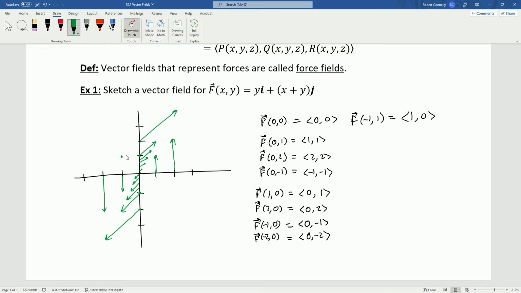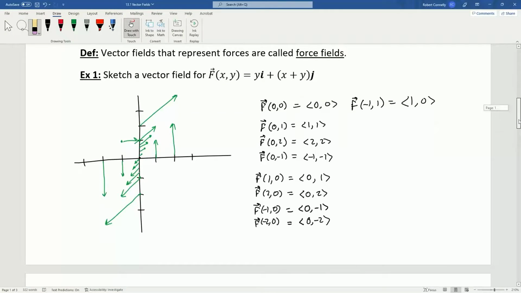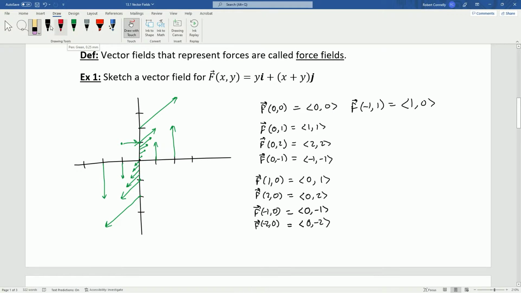So we go right 1, and that's it. And the last one I'm going to draw for now is going to be, let's go with x is 1, y is -1. So that gives us -1, 0. So that vector looks like that.